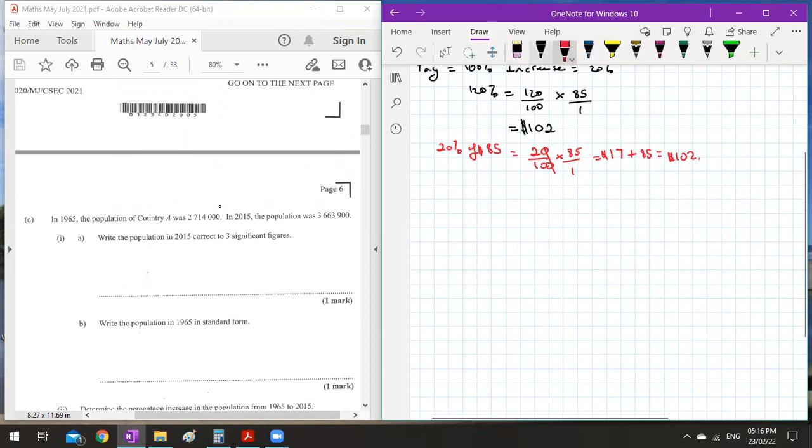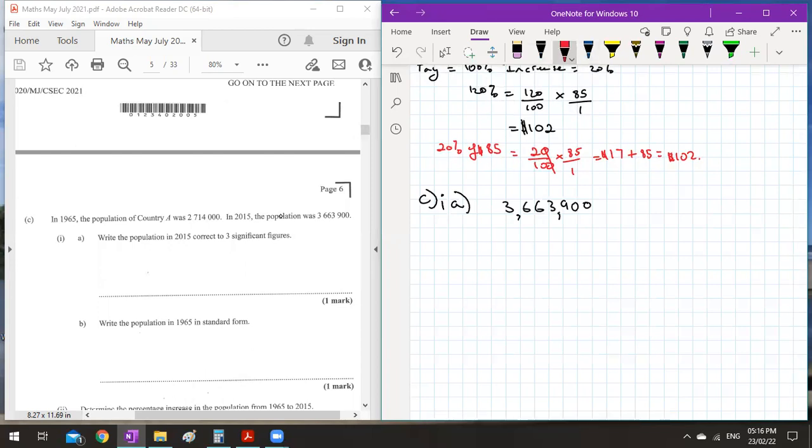So, part C, part 1A, sorry. Write the population in 2015, this amount, to 3 significant figures. So we have 3,663,900.